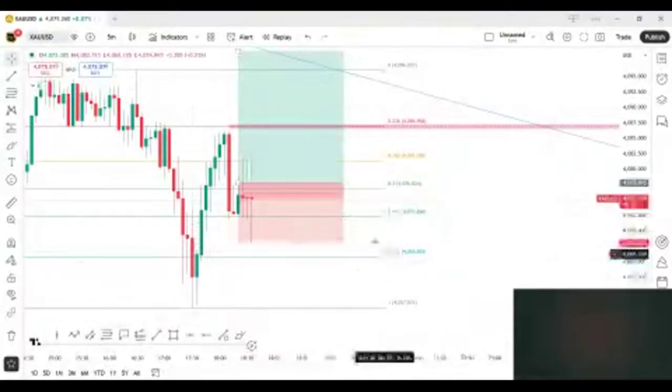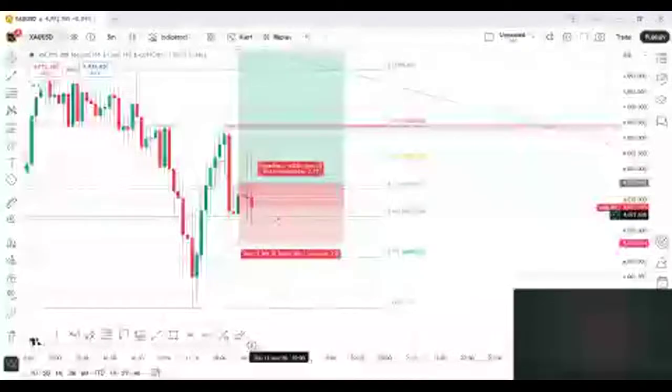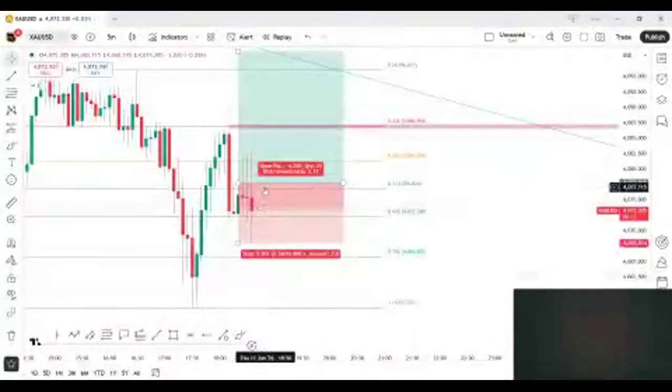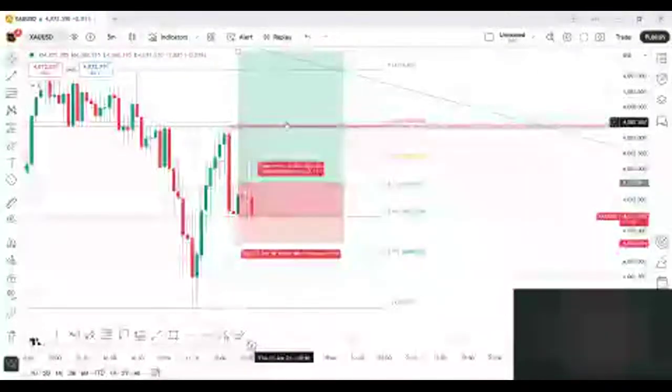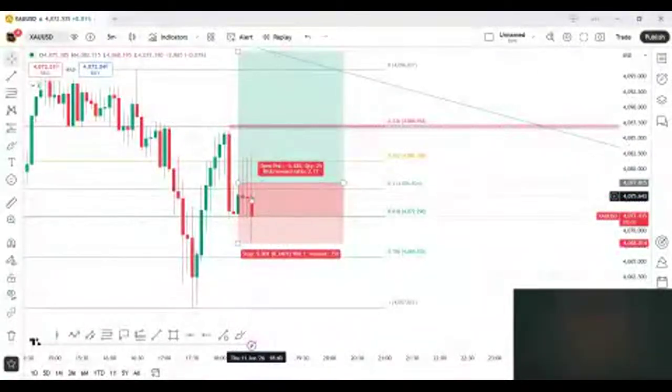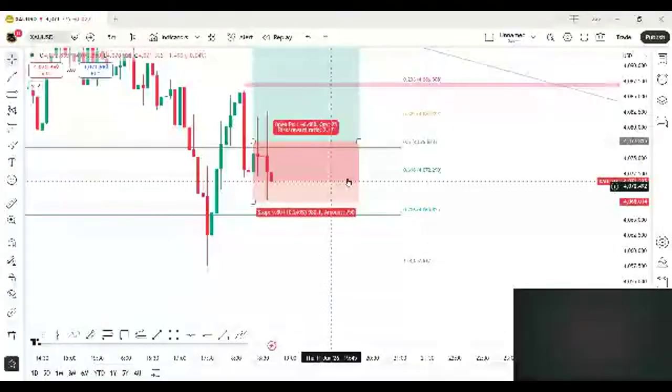So let's see if we will get the momentum again and push towards the upside. If we get one more bullish candle at this area, then we can have the market lead further towards upside. But if the market doesn't give us a close above these wicks, then the market can go straight toward the downside.